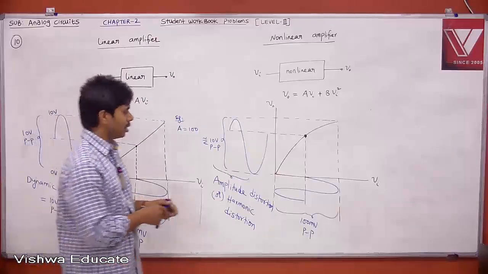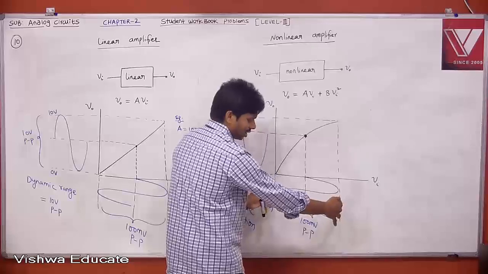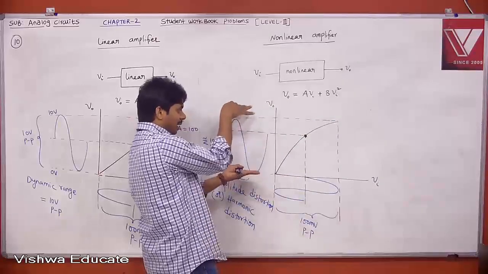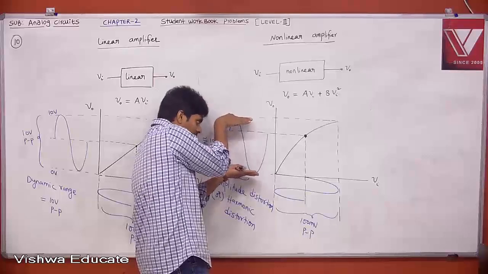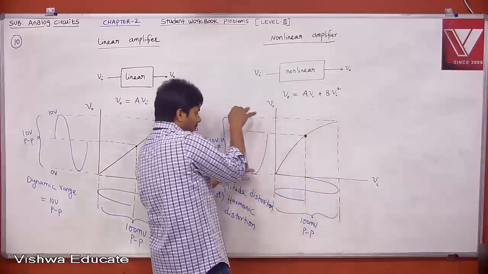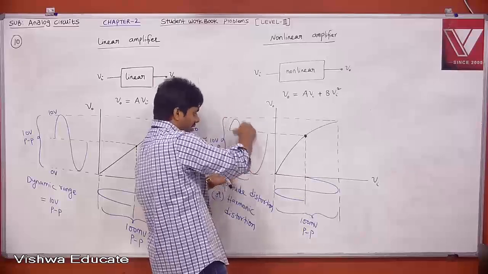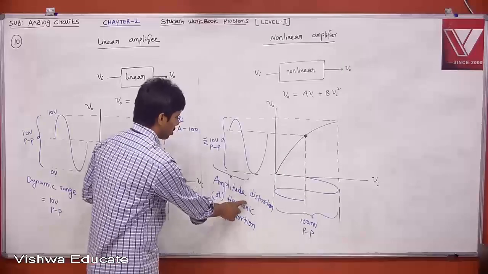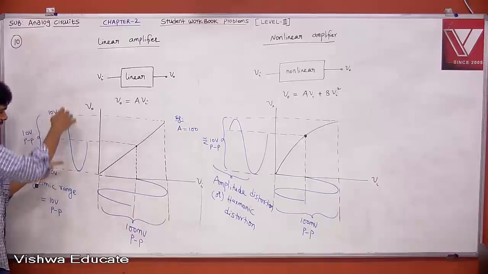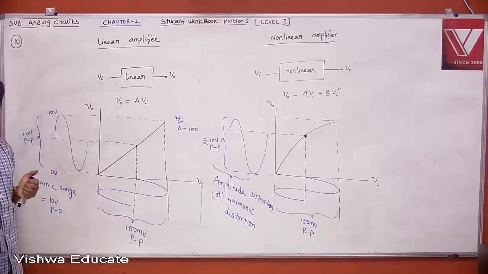Small signal is nothing but what? Don't apply your input so large as to cover this much voltage, because we don't have that dynamic range. If you want to use this much range, we need to apply this much voltage at the input. Therefore, if you want to get this much dynamic range for your AC signals, then there is a distortion. Here, yes, you can utilize this much dynamic range without any distortion because it is linear.